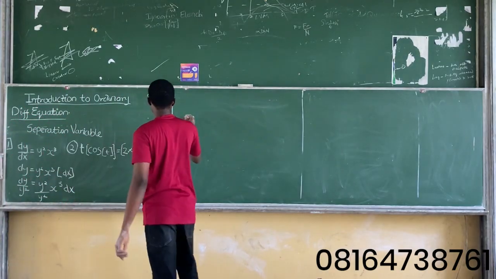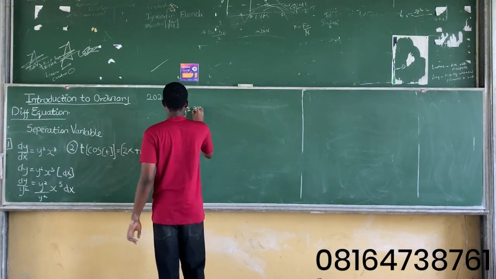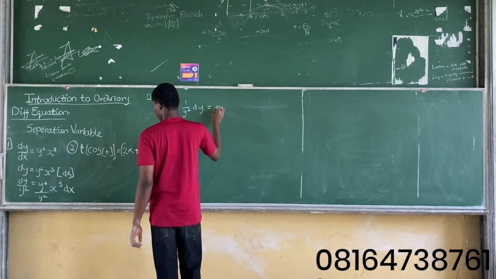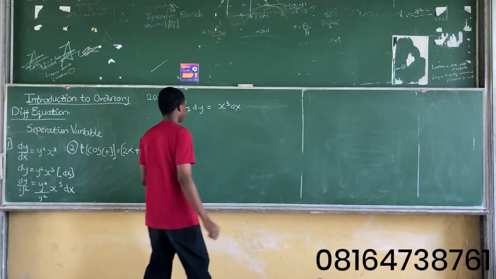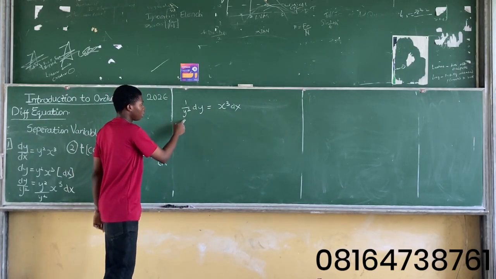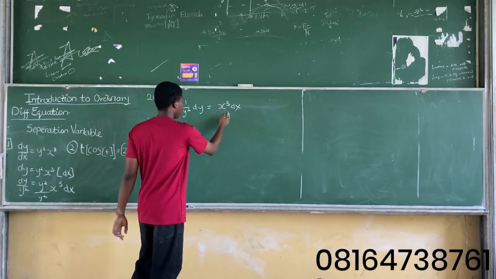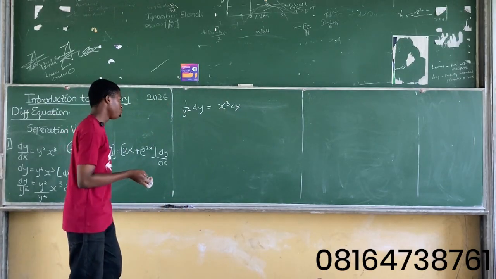So now this will come out as 1 over y squared dy is equal to x cubed dx. So we can see this is positioned like this, and x cubed is multiplied by dx. So what we are going to do is simply integrate the equation.